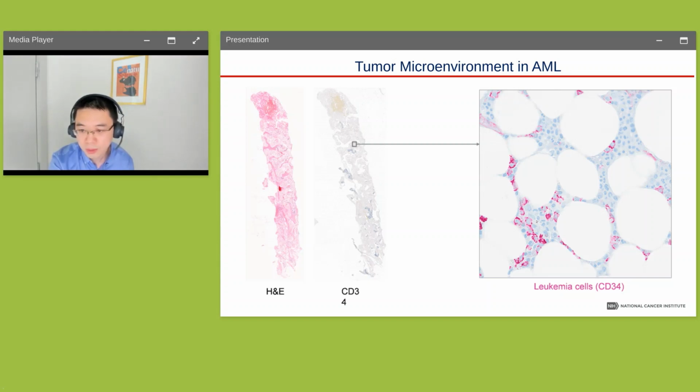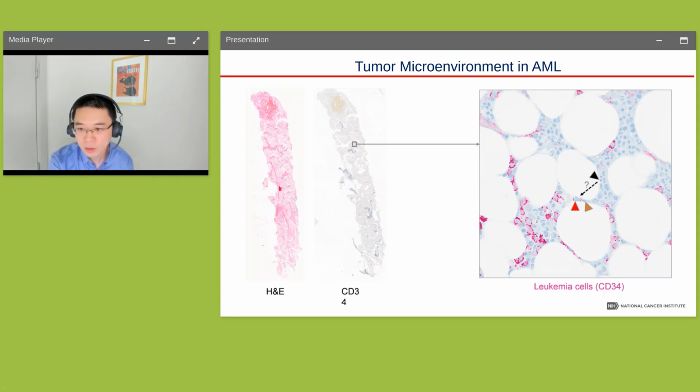Those are the stroma cells. They can be immune cells or other progenitor cells. As you can see here, these are leukemia cells that express CD34. And the interaction between the leukemia cells and the cells the black arrow points to is probably not as important as the leukemia cell with its neighboring cells.